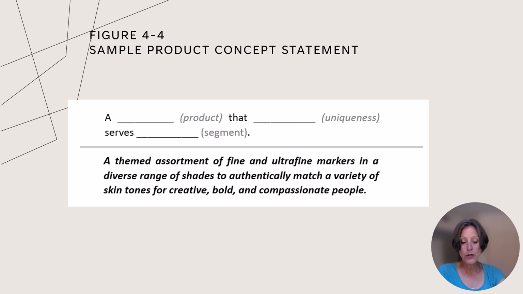In the example shown here in figure 4-4, the customer benefit is to authentically match a variety of skin tones, while the emotional linkage to the customer comes from words like diverse, creative, and compassionate. Moving to Gate 2 approval requires that positive customer feedback is gained with at least a few of the product concept statements.